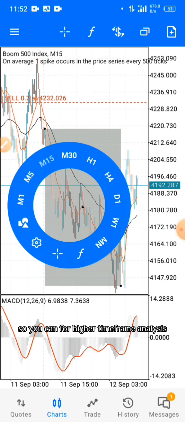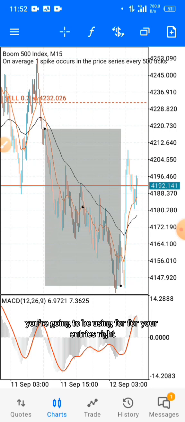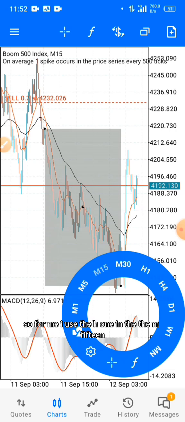Now, for higher time frame analysis, you can use either the H4, H3, H1 or M15, right? Depending on which time frame you're going to be using for your entries. As for me, I use the H1 and the M15 mostly, right?